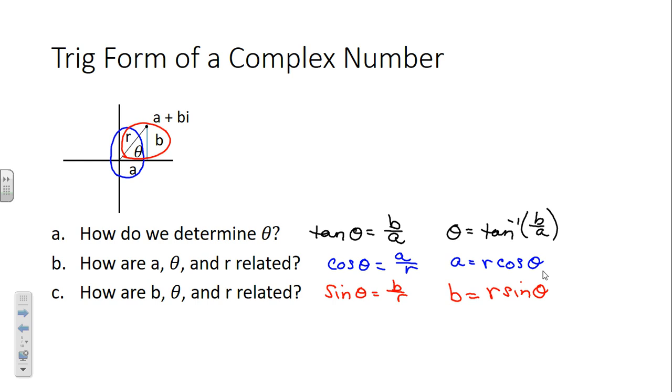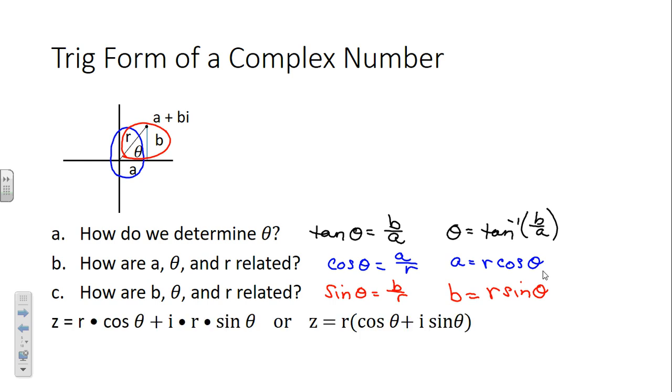Okay. So if I want to write the trig form of a complex number, instead of a plus bi, that's the standard form, my a now stands for r cosine theta.